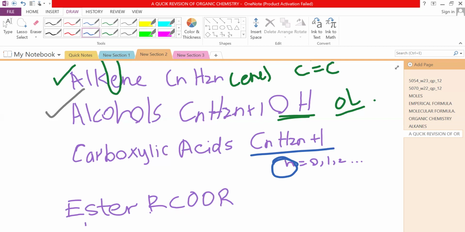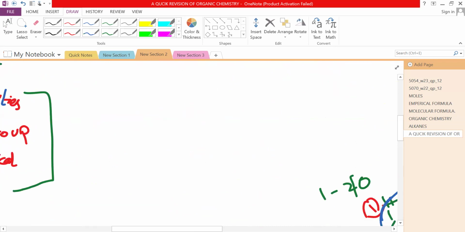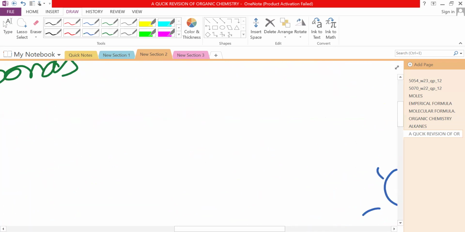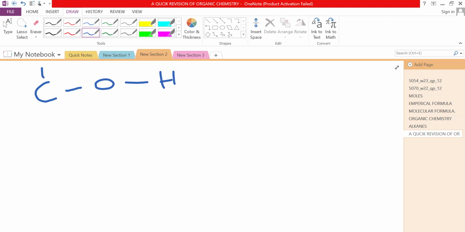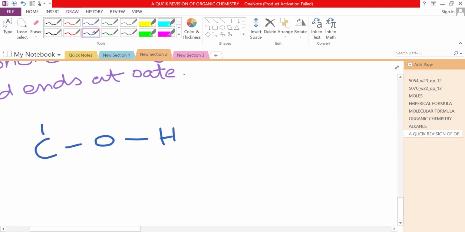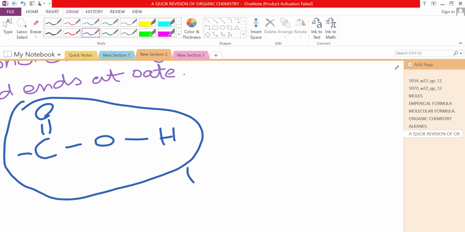The functional group of carboxylic acid is COOH. Let me draw this functional group here for carboxylic acid. And here is the double bond of oxygen. So this is the functional group of carboxylic acid.